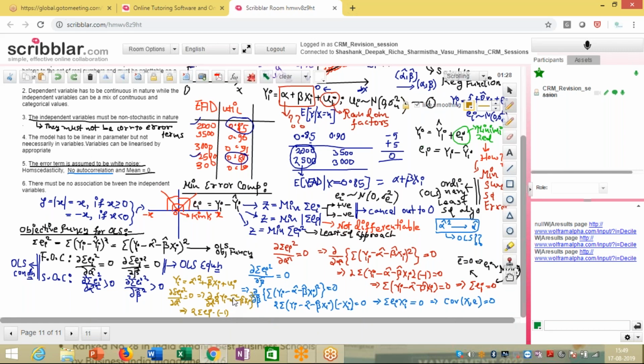But over here you will get an alpha hat, because you have an alpha hat square. So when you differentiate this alpha hat square, you will get a -1 into alpha hat as well. So this 2 is 2 into, sorry, so this is 4.